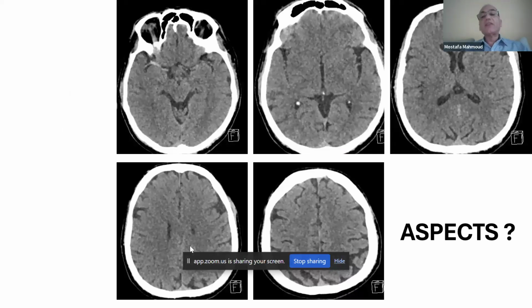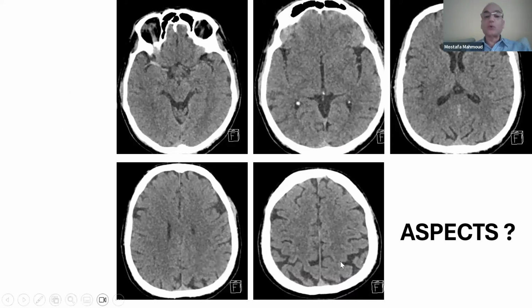Look at the CT. This is the plain, non-contrast CT, and obviously you can see a hyperdense sign in the MCA. But look at the ASPECTS score. What do you think about the ASPECTS score? Good, not bad. Yes.